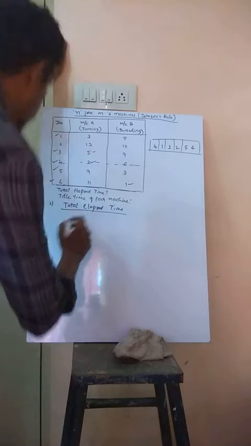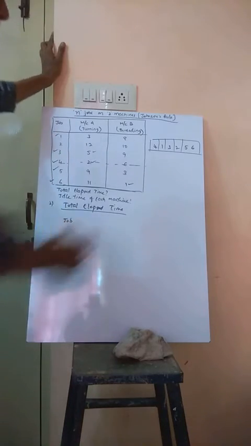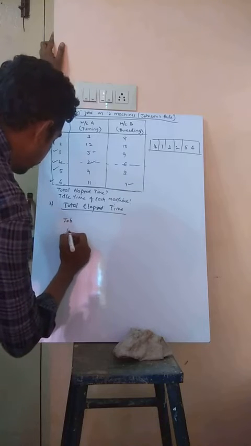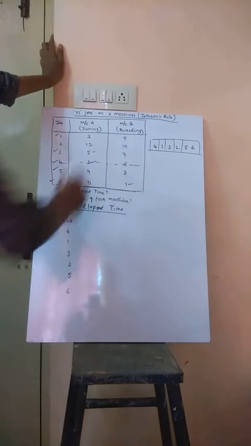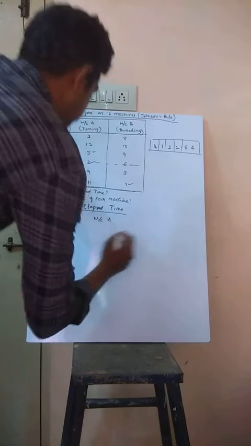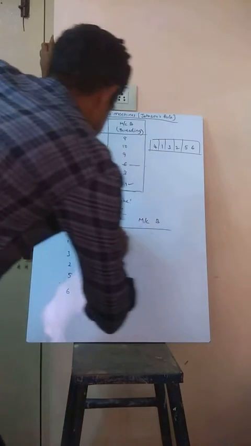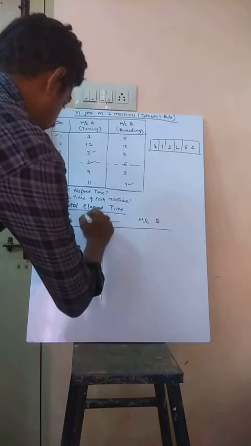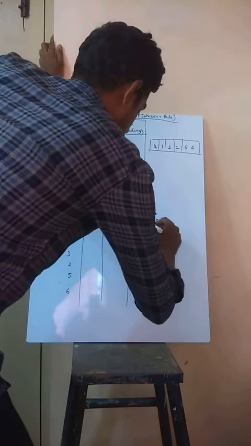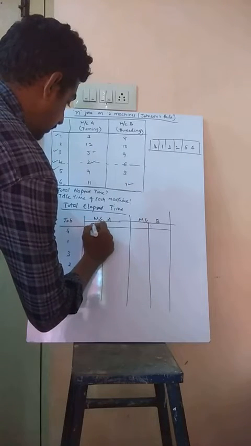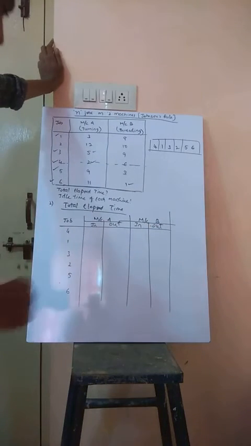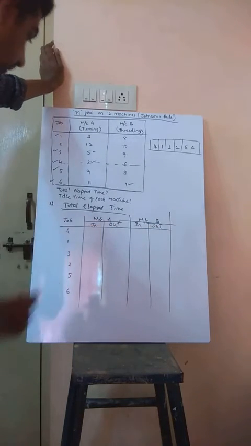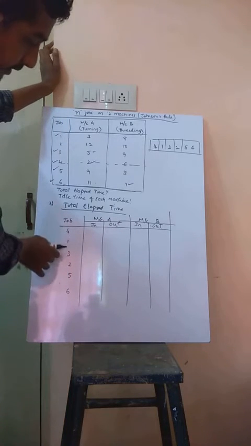First we need to set the job sequence as obtained, which is 4, 1, 3, 2, 5, 6, for machine A and machine B. Here we divide machine A and machine B into two columns each, in and out. First, fourth job is the first in the sequence, 4, 1, 3, 2, 5, 6 and so on.